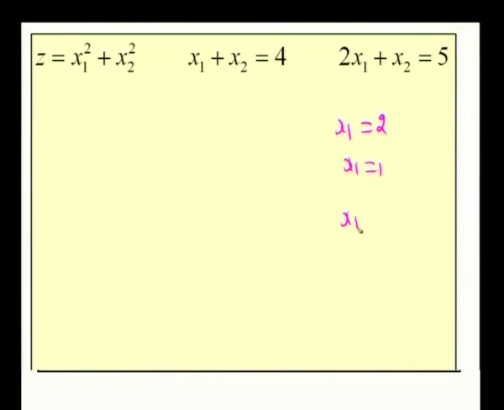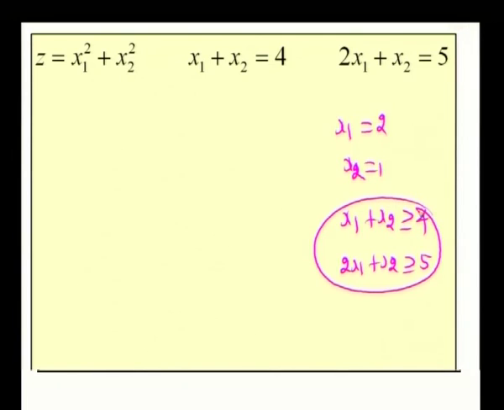Moreover, our given constraints are x1 plus x2 greater than or equal to 4 and 2x1 plus x2 greater than or equal to 5. With these values of x1 and x2, these two constraints are not satisfied. So, the solution x1 equal to 2 and x2 equal to 1 does not lie in the feasible region and does not satisfy the constraints. Therefore, we cannot take this as the optimal solution; we have to omit it.